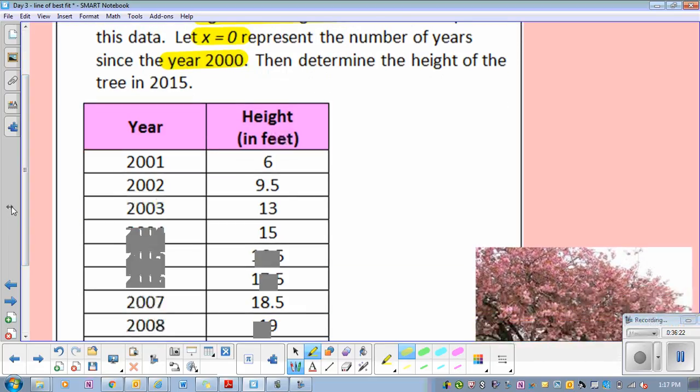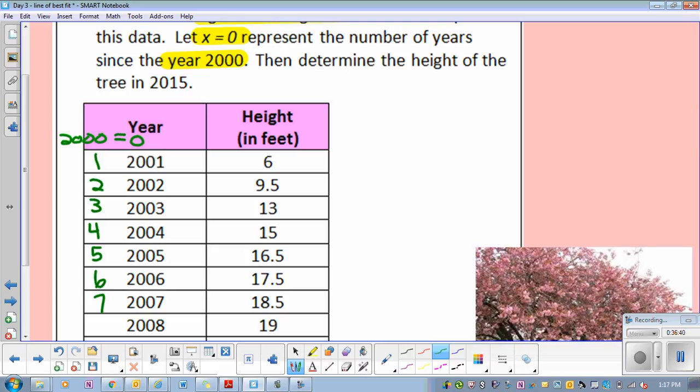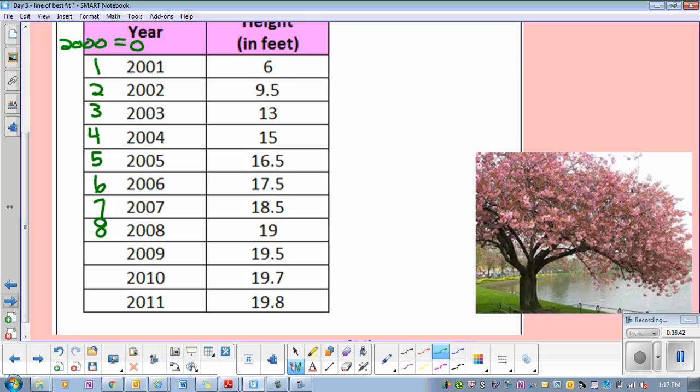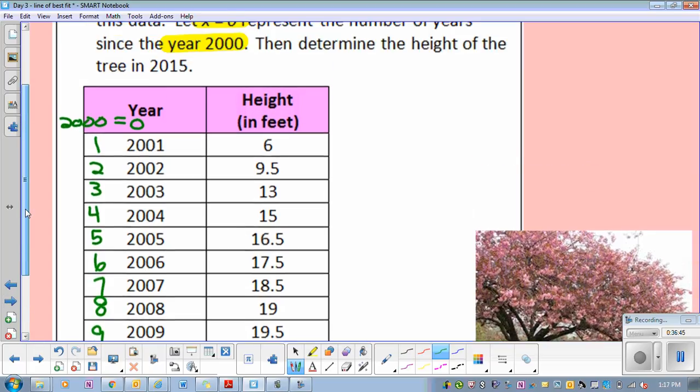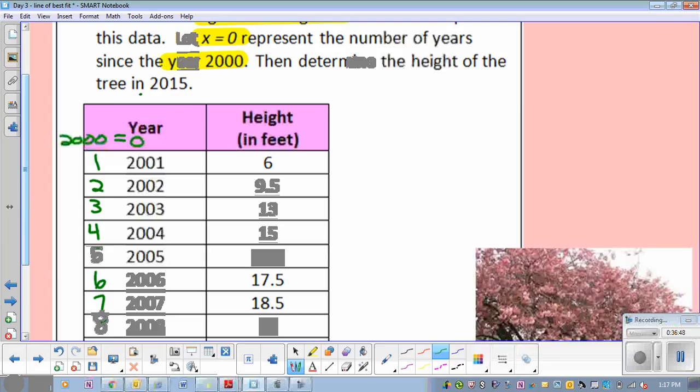So 2015. Let's do this first. 2000 equals 0. So 2001 equals 1. This is 1 through 11. And what you're trying to find is the height of the tree in 2015.